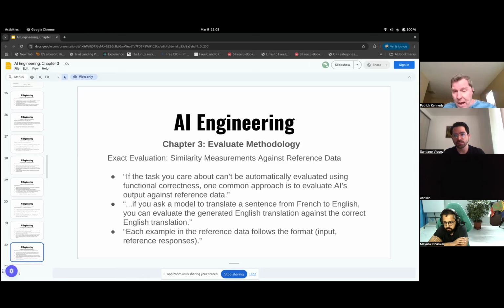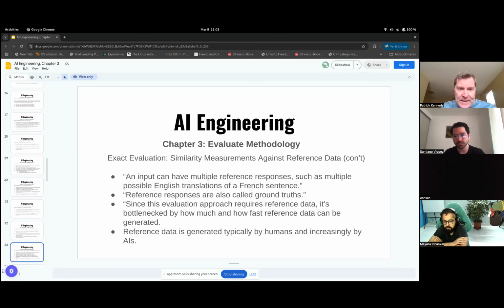If you ask a model to translate a sentence from French to English, you can evaluate the generated English translation against the correct English translation. Each example is reference data. Each example in the reference data follows the format input, comma, reference responses.